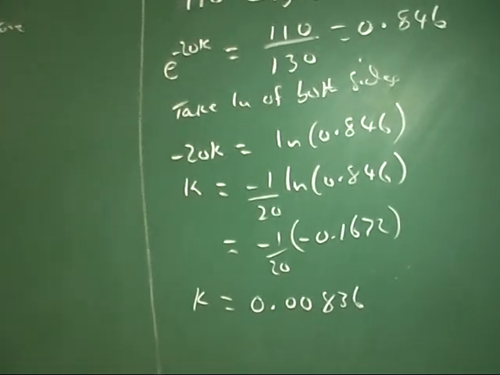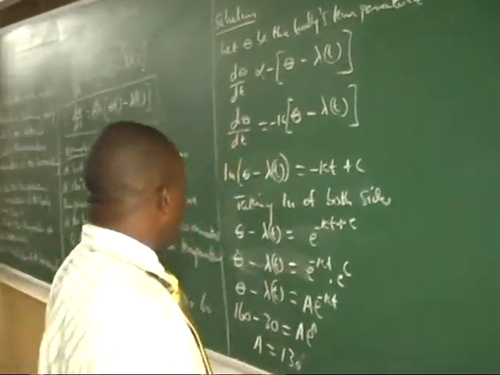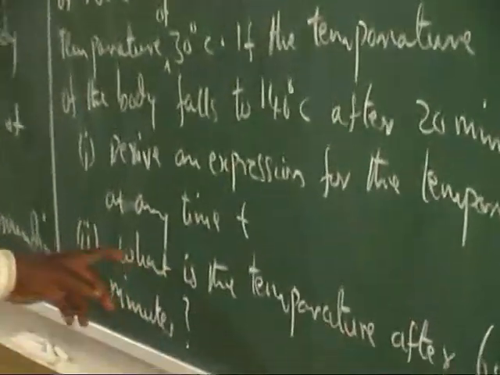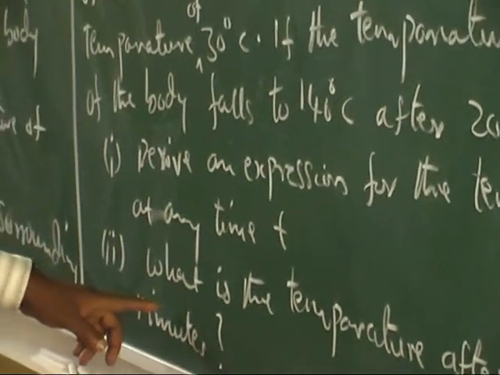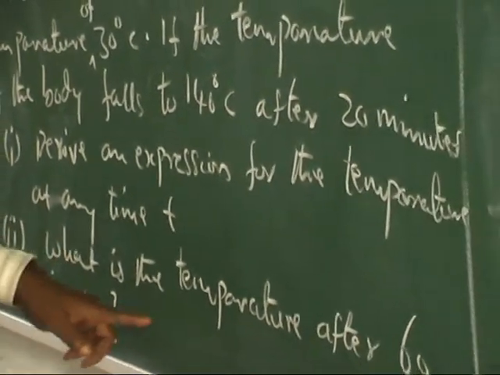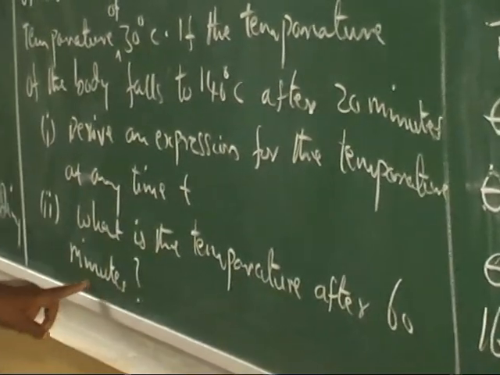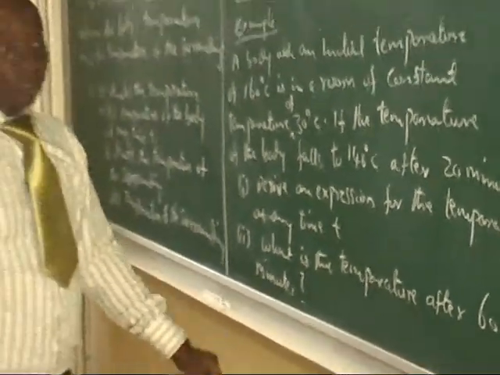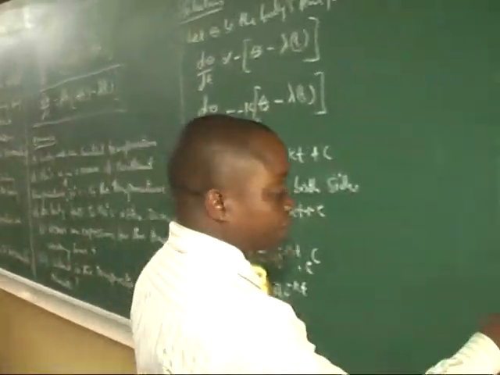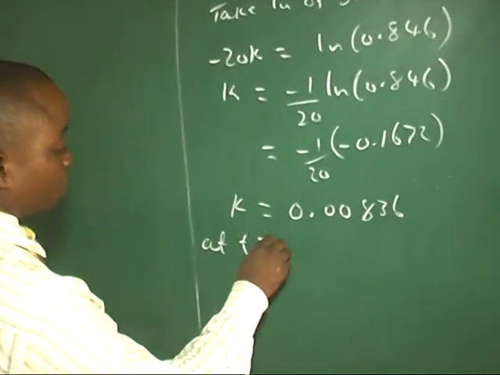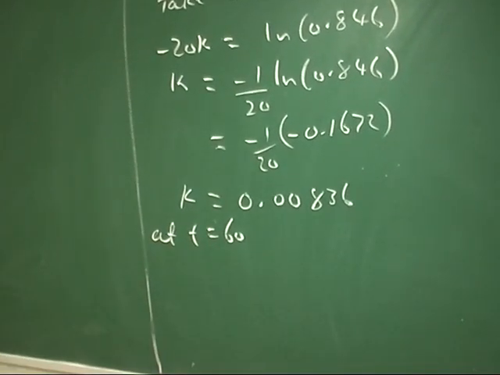Now, after having the value of K, we have not finished. We can now talk about what will be the temperature after 60 minutes. So that means at t is equal to 60.